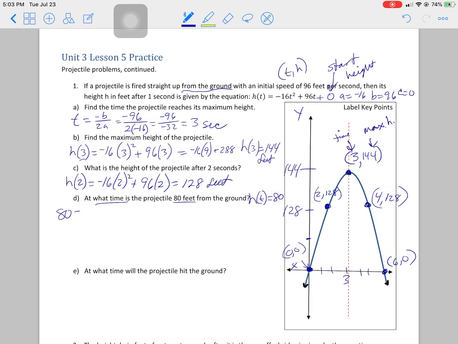So that goes here, okay? And then the rest of the problem, what time? I am solving for t. All right, and how do you solve a quadratic for t? You need this to be 0, so I need to move this to the other side.